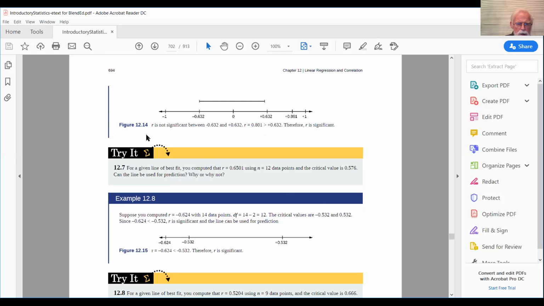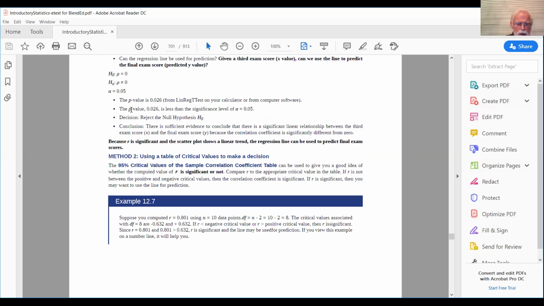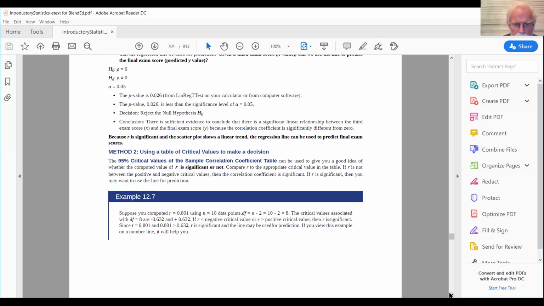What we have here is looking at an idea as to whether the sample correlation coefficient is significant or not.